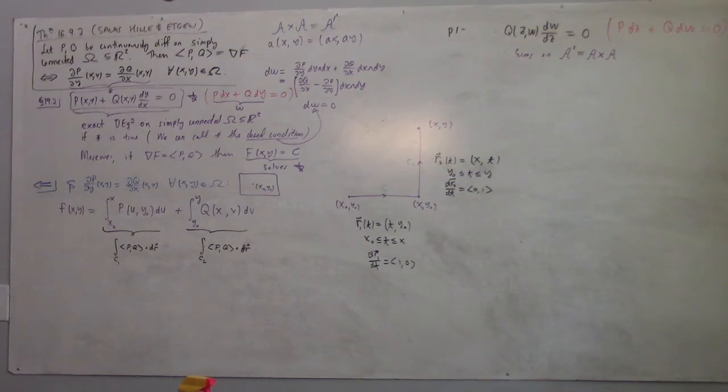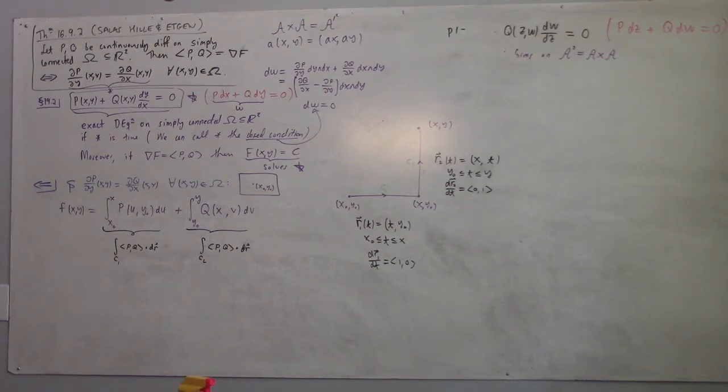Now, I guess the logic here in Salas and Hille is, this is chapter 16, and I think in chapter 18 they get around to proving things about line integrals and so forth.